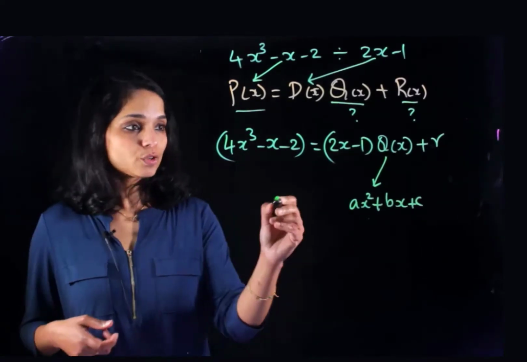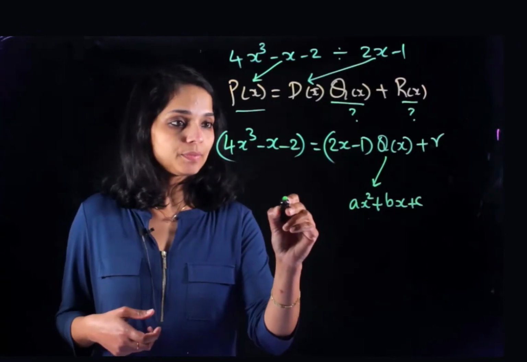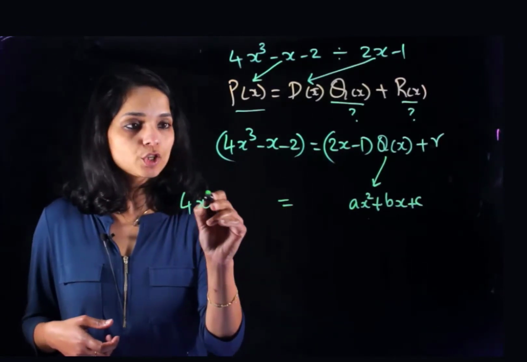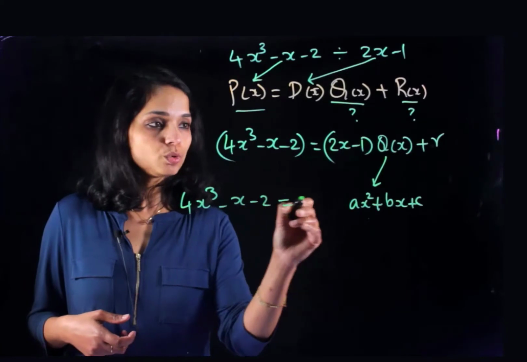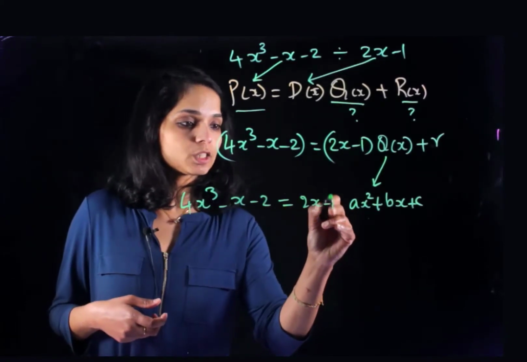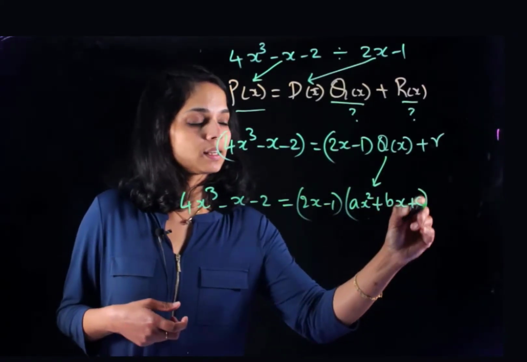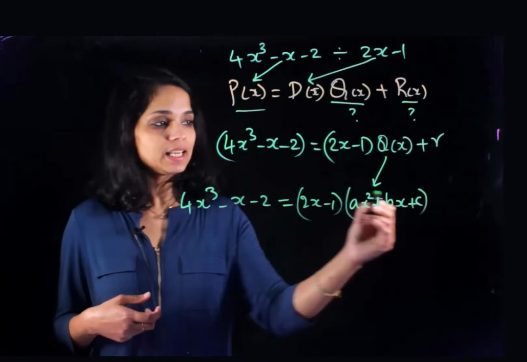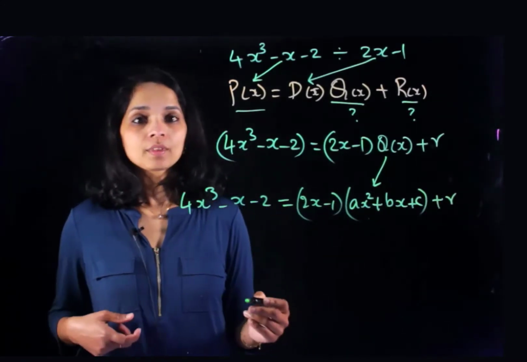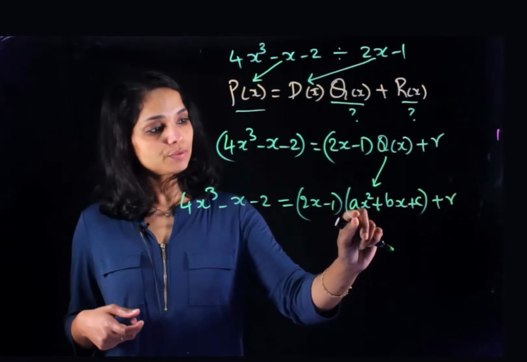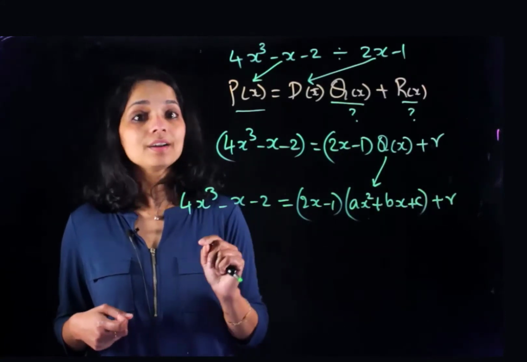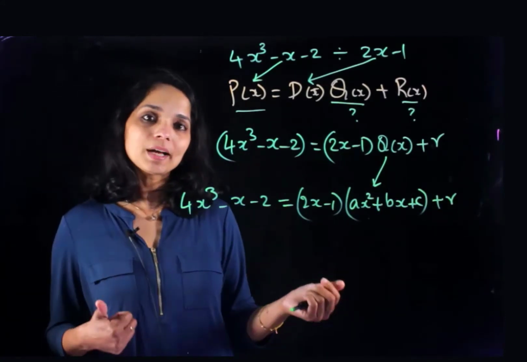So let's rewrite this as 4x cubed minus x minus 2 equals 2x minus 1 times ax squared plus bx plus c, plus r. Now if we can find the coefficients a, b, c and r, we can get the quotient as well as the remainder.